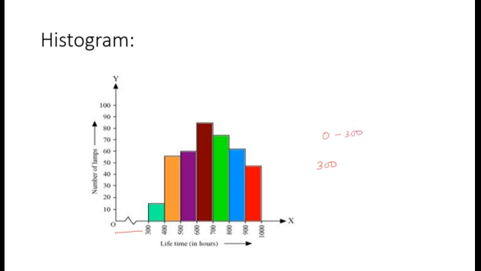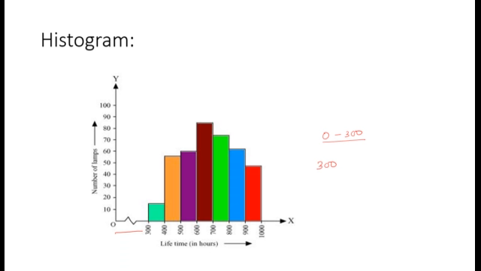That missing part we represent using the kink, because we don't have the information related to 0 to 300. It is directly starting from 300. So in that case, we will put a broken line, jagged line, or better you can say a kink.